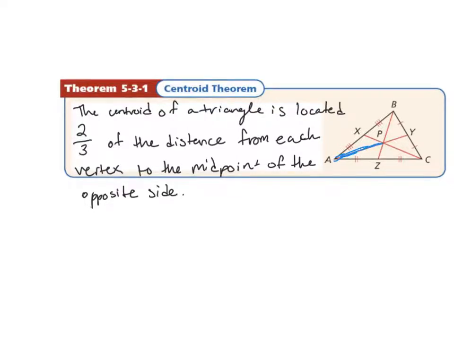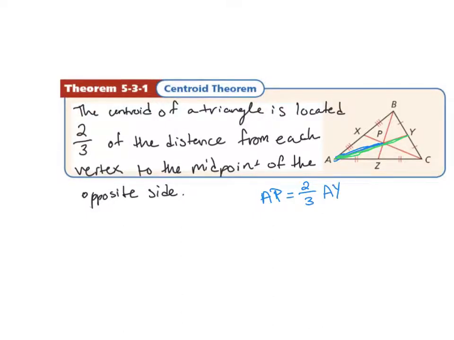All right, so we see AP there, and then we also see the full AY that goes through that point P. The centroid theorem tells us that this AP is going to be two-thirds of that whole AY.